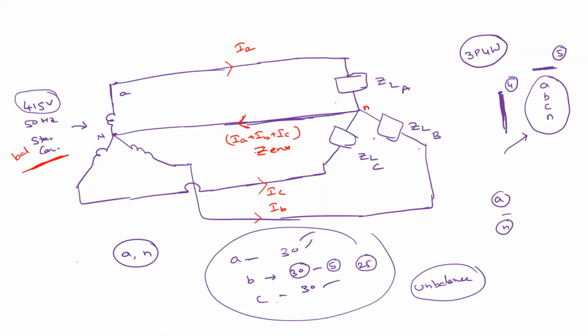If these are some finite values, in this case it won't be 0, right? Some current is flowing, and this current is known as neutral current.